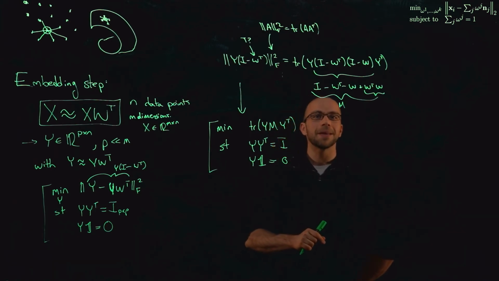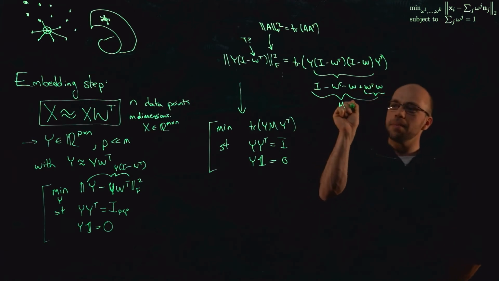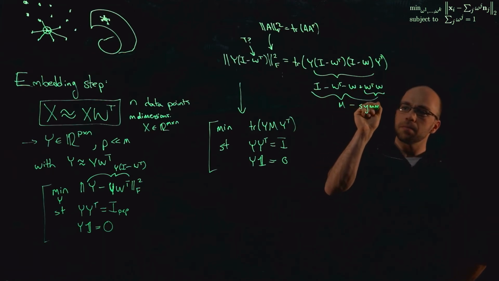And from here, I'm going to let you work out the rest. For one, it's easy to see that M is a symmetric matrix.